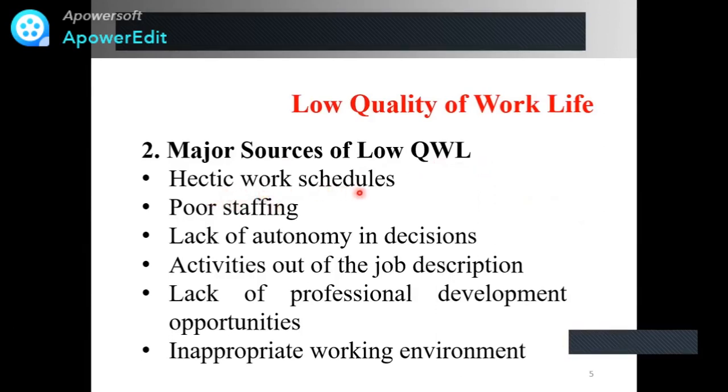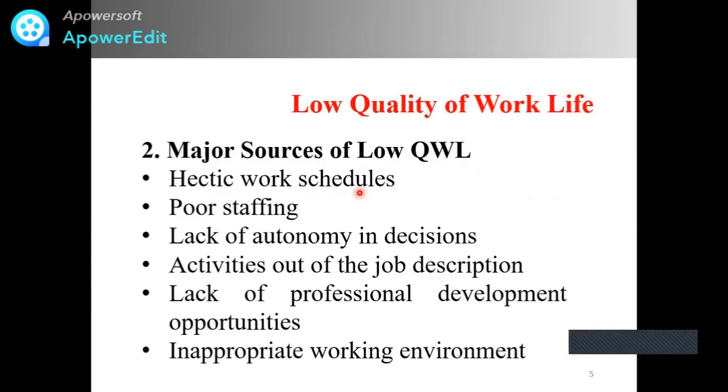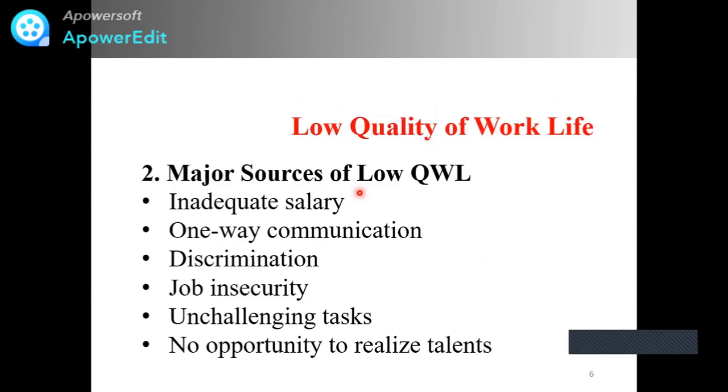Hectic work schedules or busyness, poor staffing, lack of autonomy in decisions, activities out of job description, lack of professional development opportunities, inappropriate working environment, inadequate salary, one-way communication, different types of discrimination, job insecurity, unchallenging tasks, no opportunity to realize talent.